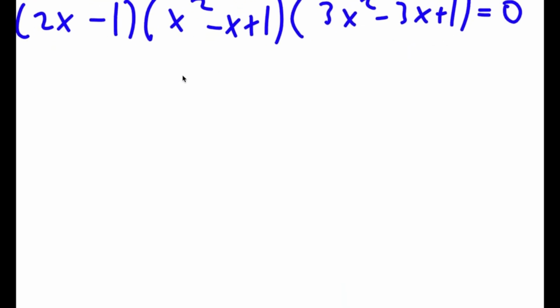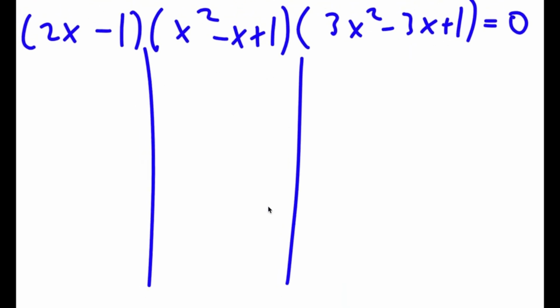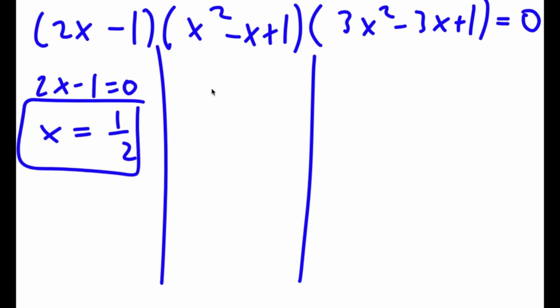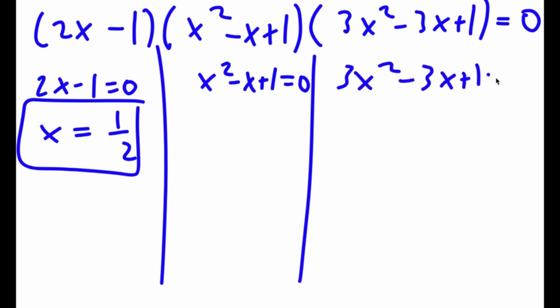So now this gives me 3 different equations. I have 2x minus 1 is equal to 0, meaning x is equal to 1/2. I have x squared minus x plus 1 is equal to 0. And I have 3x squared minus 3x plus 1 is equal to 0.